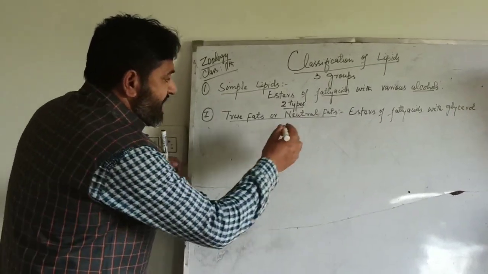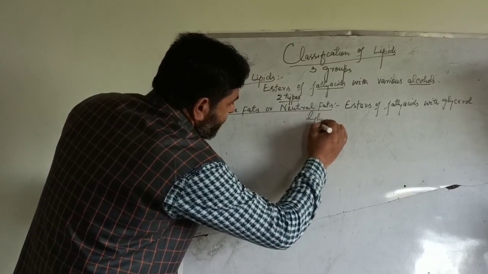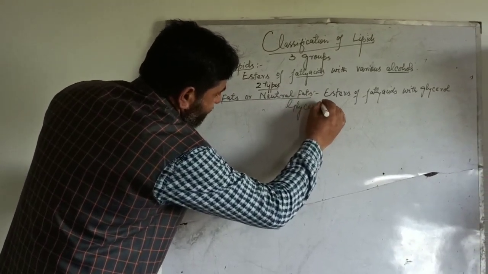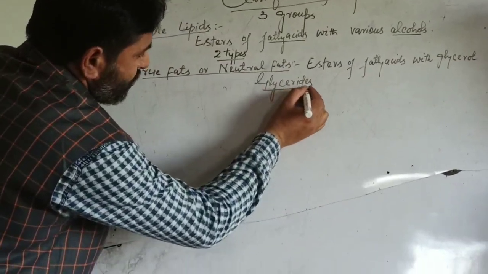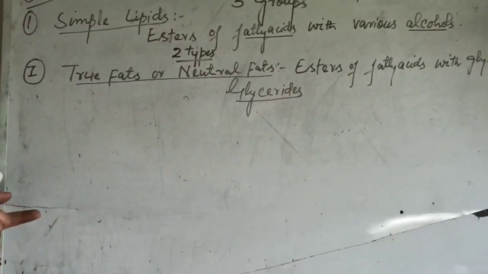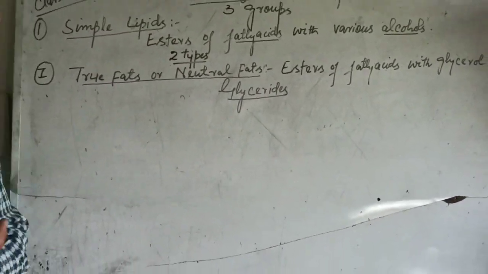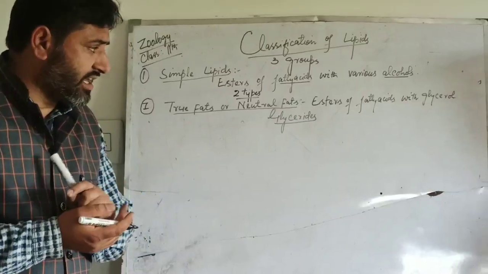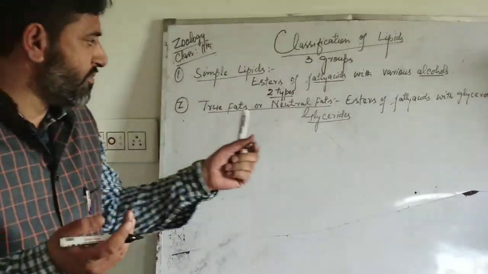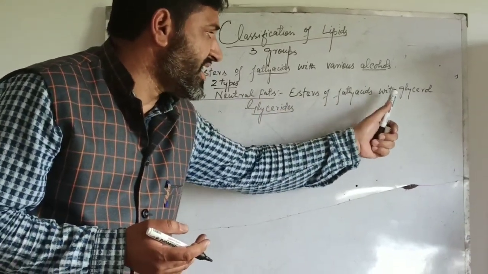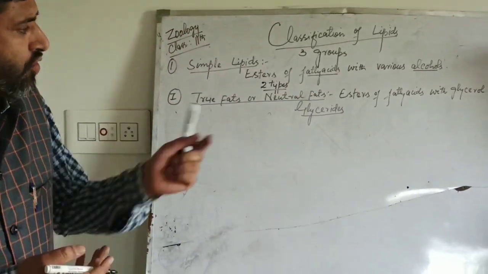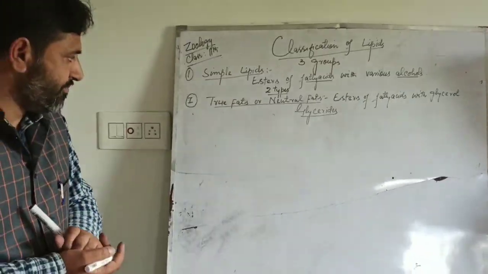These neutral fats are also known as glycerides, and they are composed of esters of fatty acid with the low molecular weight alcohol, glycerol.